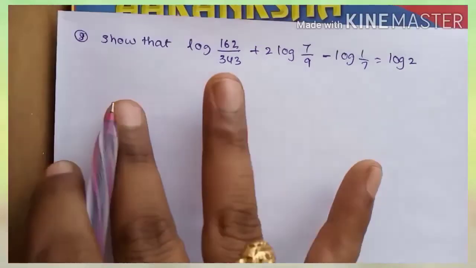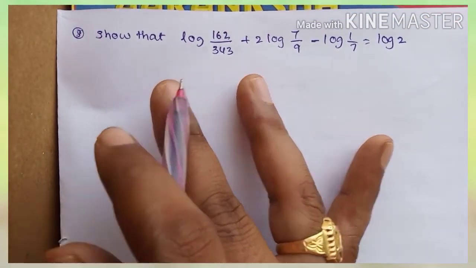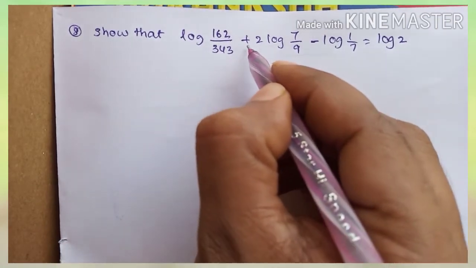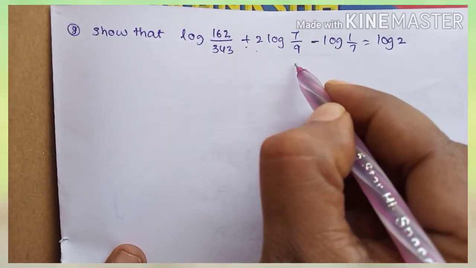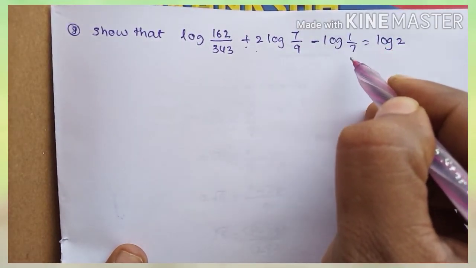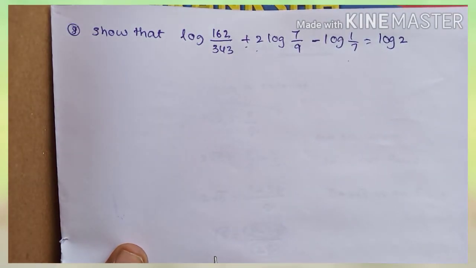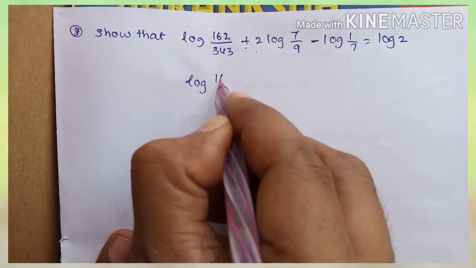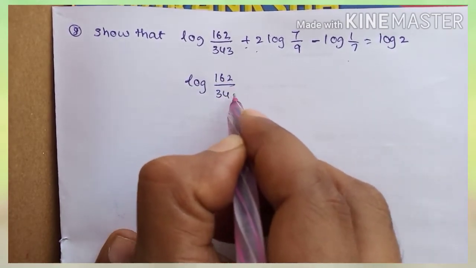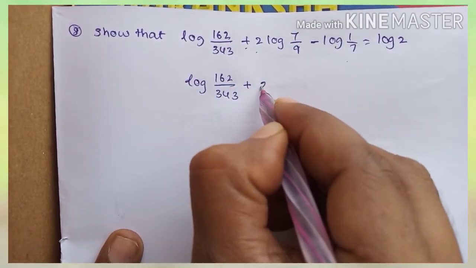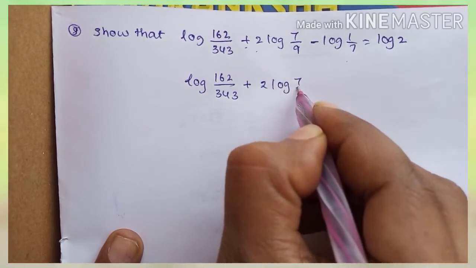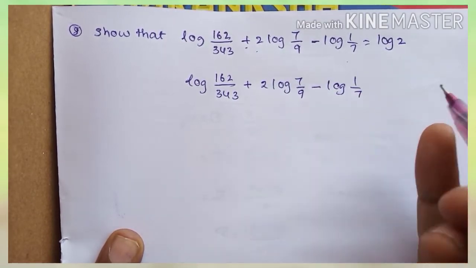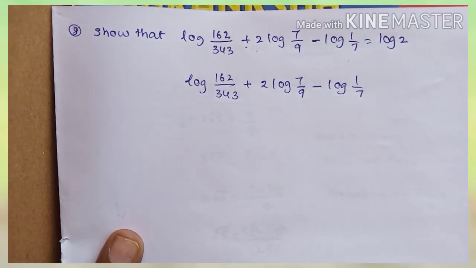Now in this problem, show that log 162 by 343 plus 2 log 7 by 9 minus log 1 by 7 is equal to log 2. Let's take the given value: log 162 by 343 plus 2 log 7 by 9 minus log 1 by 7. Write as a single log.